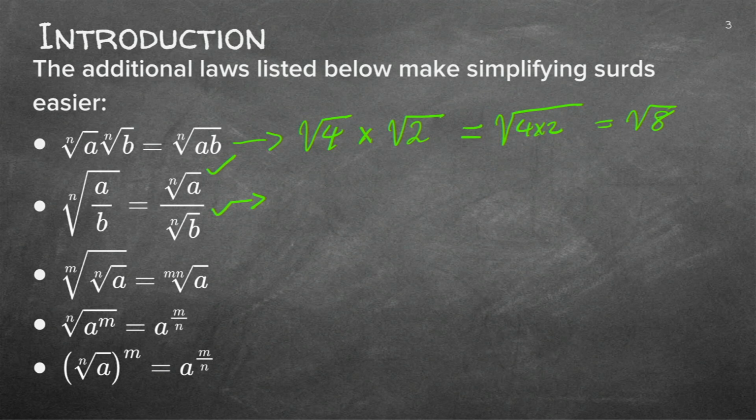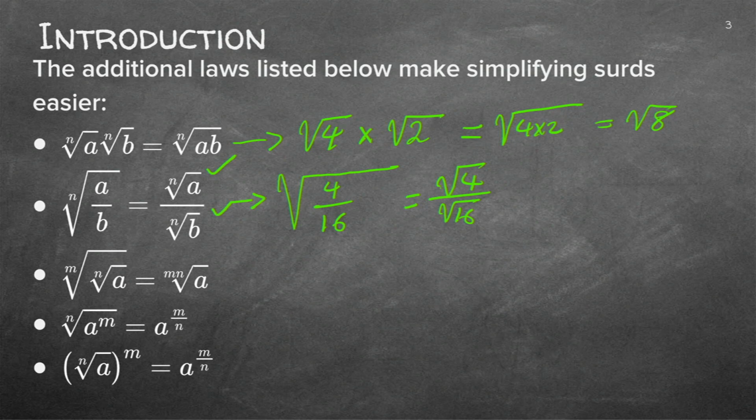If I have, let's say, the square root of 4 over 16, it means I can write this as the square root of 4 divided by the square root of 16.